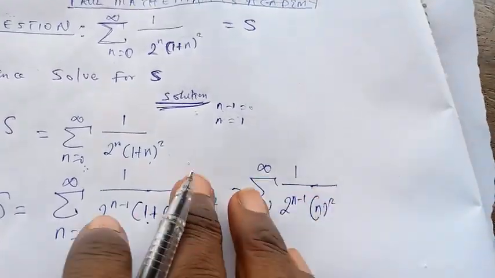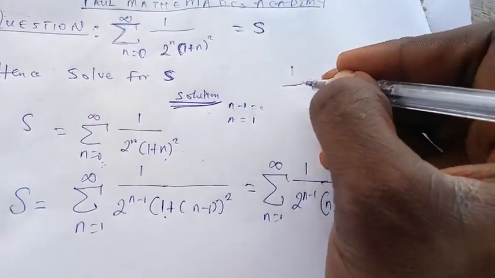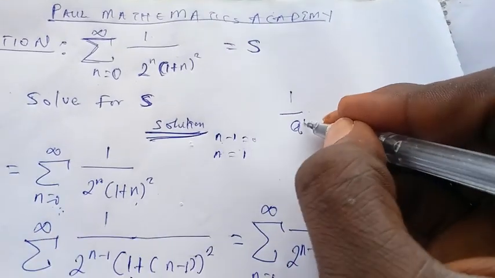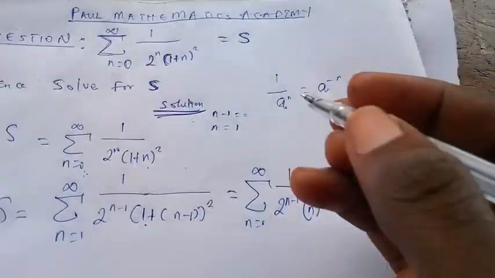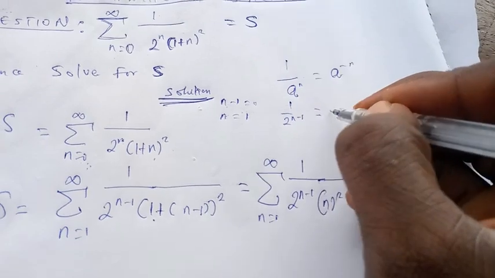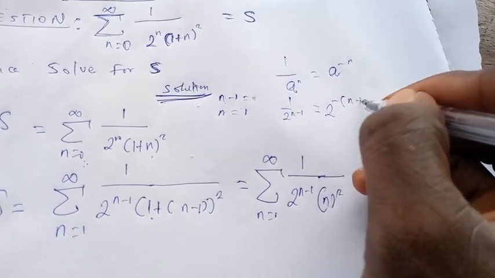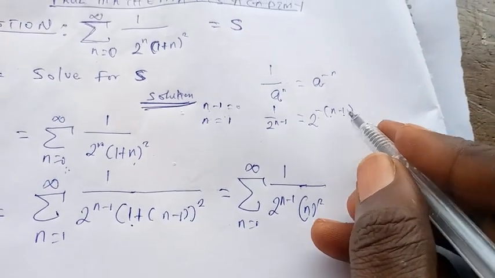Alright, let's quickly recall something from the law of indices. From the law of indices, if you have 1 over a raised to the power of n, this is going to give you a raised to the power of minus n. Then 1 over 2 raised to the power of n minus 1 is going to give us 2 raised to the power of minus into bracket n minus 1. Then minus times minus will be plus.